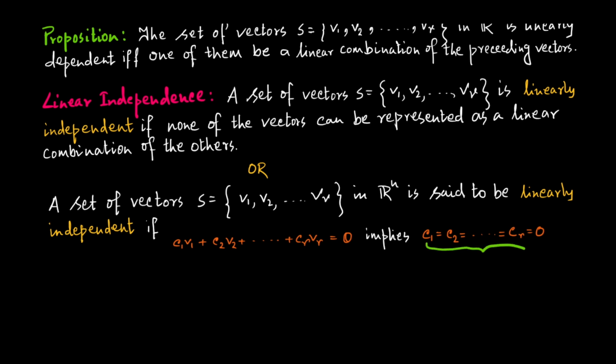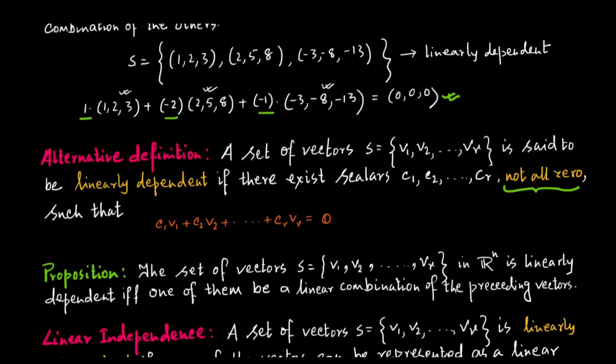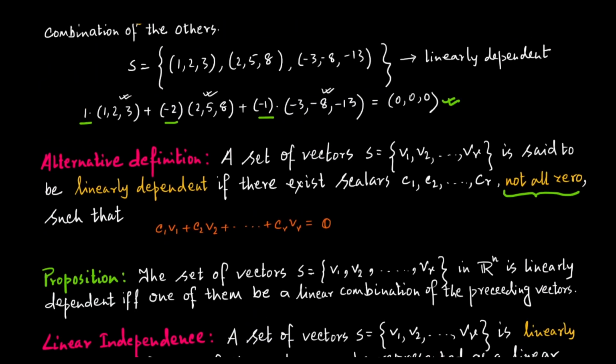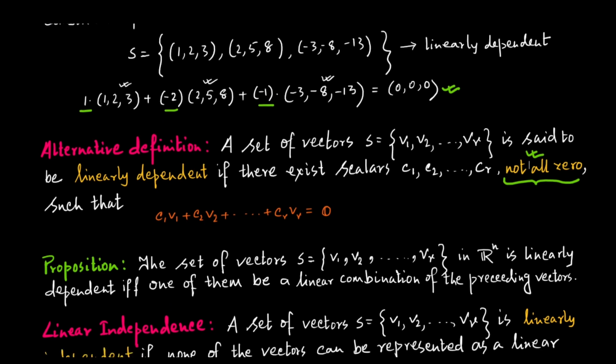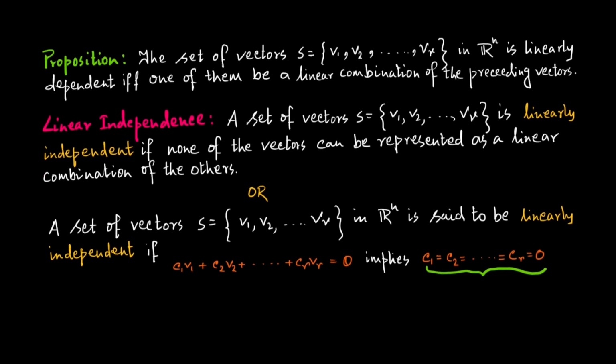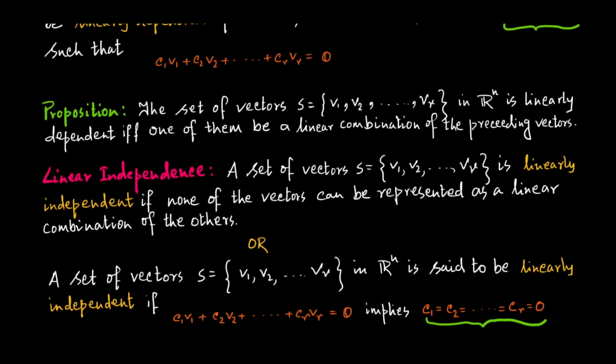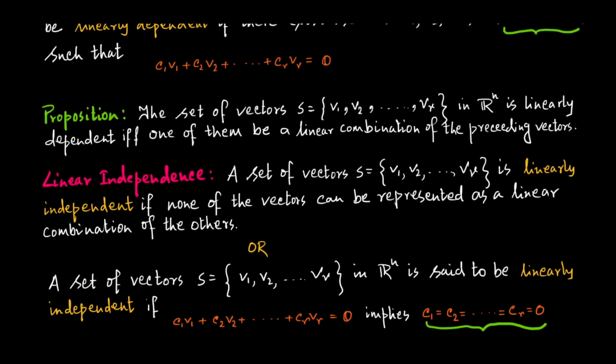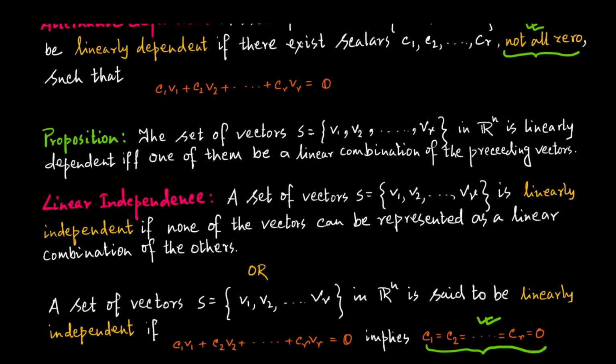Now, you have seen in the definition of linear dependence, I said that at least one of these scalars should be non-zero, meaning not all zero. Here I am saying that the linear combination yields a zero vector only when all your scalars are zero.